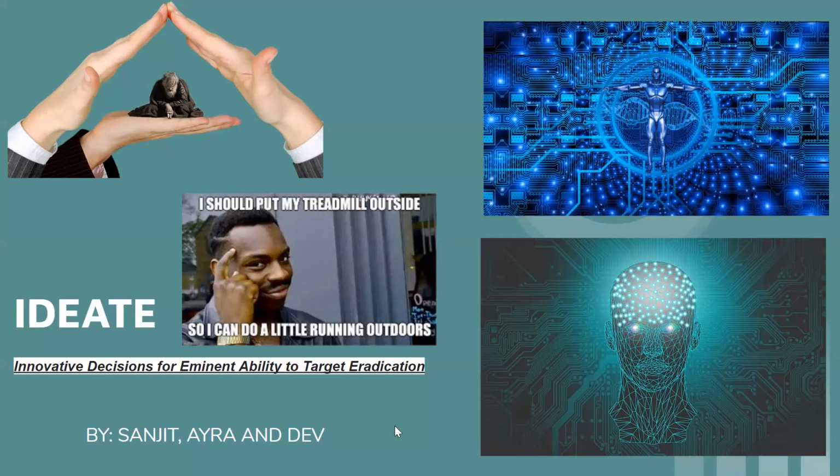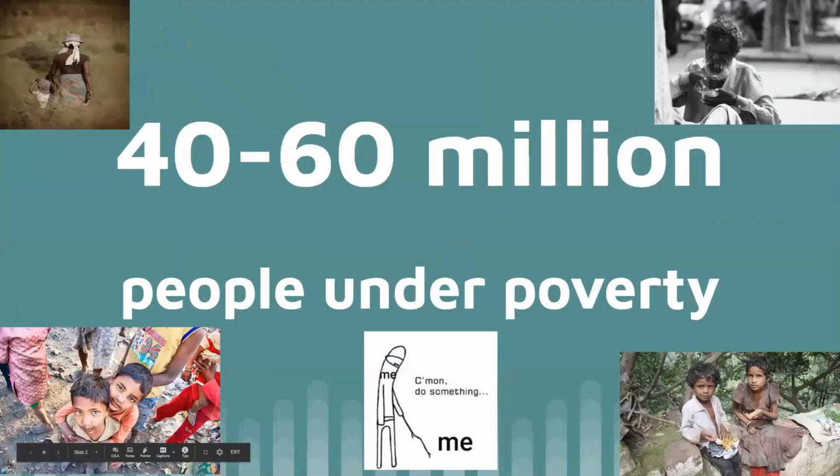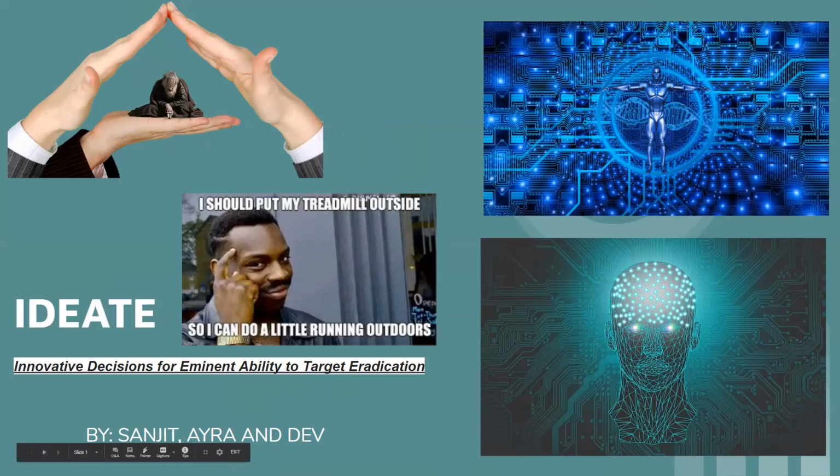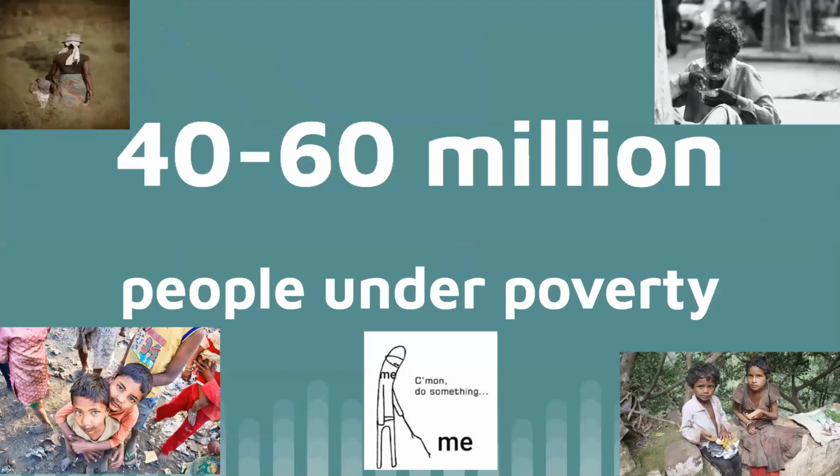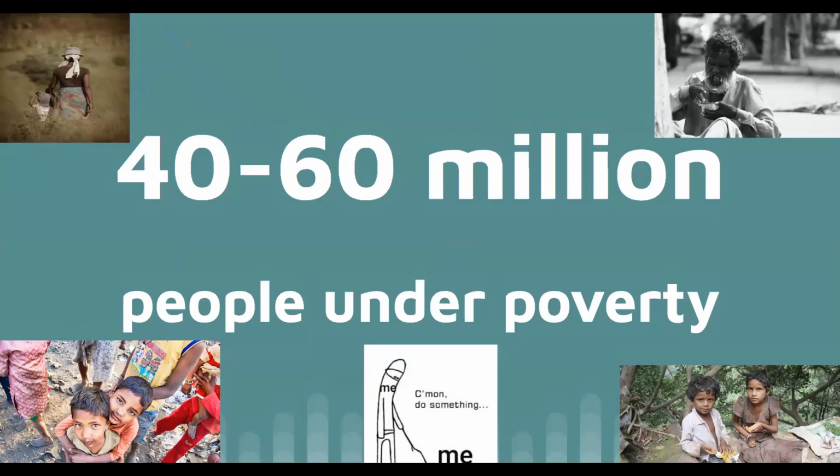And we believe that it could eradicate bigger problems such as poverty, access to education, etc. Here today, we as a team are trying to eradicate poverty, one of the major problems that has occurred due to this COVID-19 pandemic. Today, people are losing their jobs in huge numbers, which has increased the unemployment rate by around 5 times.